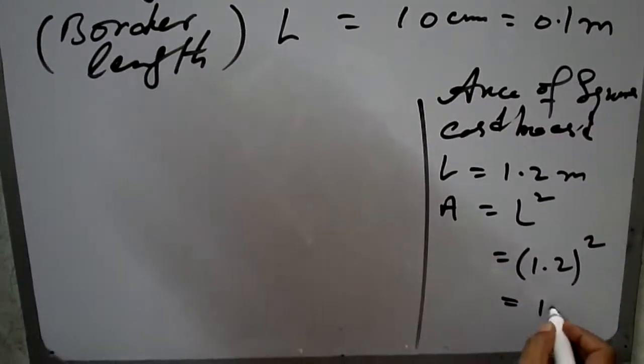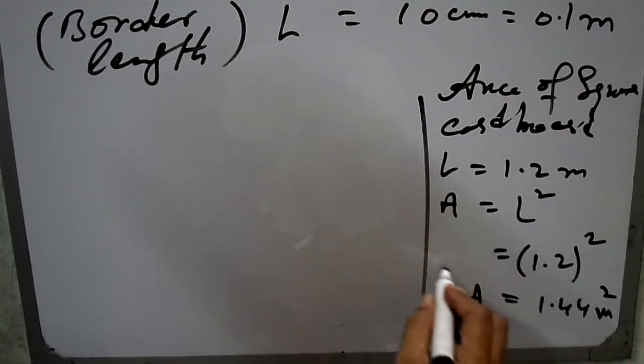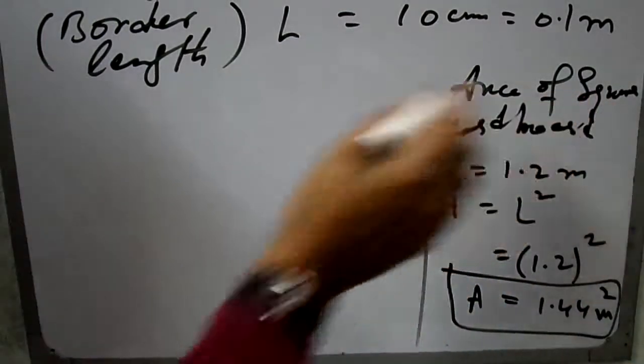After simplification, you will get 1.44 meter square is your area of full square cardboard.